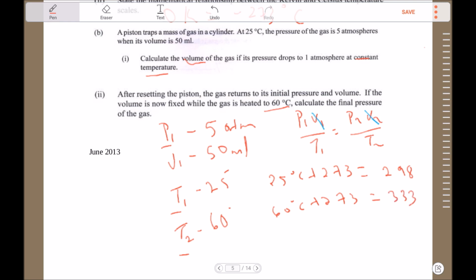So now we'll just put everything in our formula. So P1 is 5 over T1, 298, that is equal to P2, which we are finding, over 333.